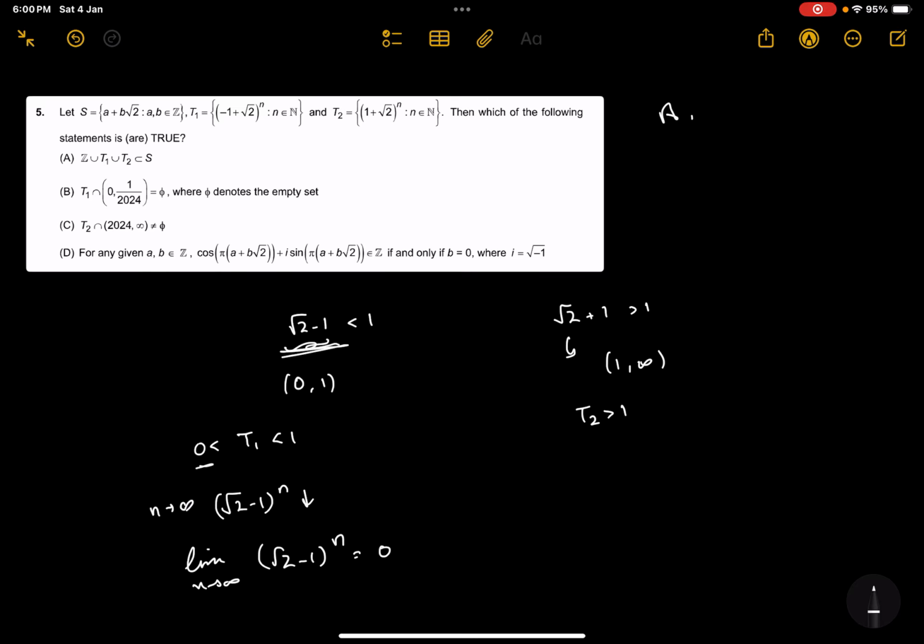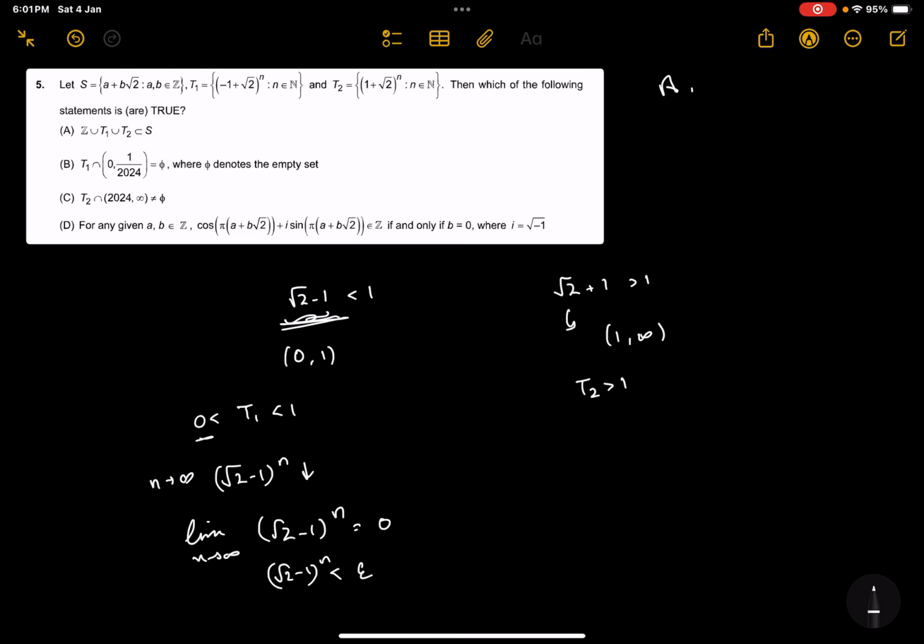That means for some n, it would be less than any given epsilon of our choice, and choosing epsilon as 1 upon 2024, we get that for some n we will have this condition to be true.